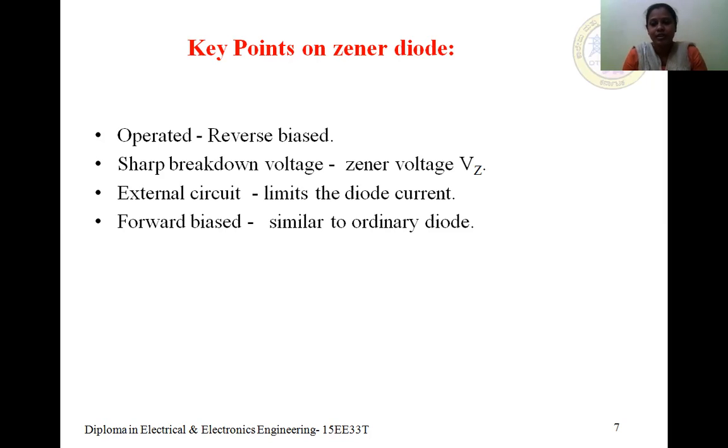From these two things we observed that it is a heavily doped PN junction diode and it conducts in the reverse biased condition, and it has a very sharp breakdown voltage with a constant voltage Vz, and in the forward biased condition it is similar to an ordinary diode. By connecting an external circuit, we can limit the diode current here. This is one of the advantages of the Zener diode.